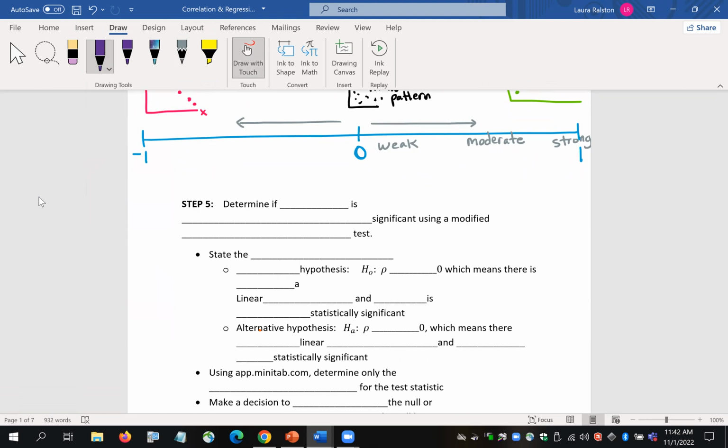We have to determine if R, the sample linear correlation coefficient, is statistically significant using a modified hypothesis test.